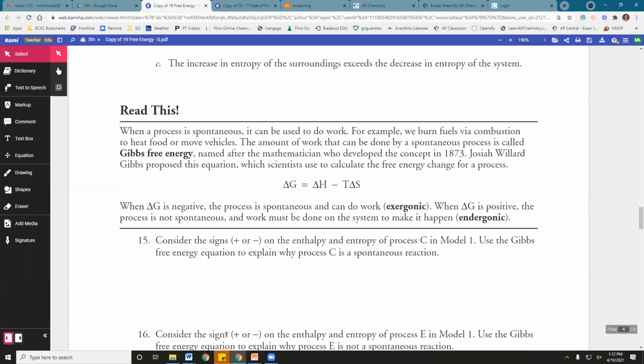T here is just temperature, delta H is the change in enthalpy, and delta S is the change in entropy. Tomorrow we'll talk a little more about how free energy is related in this way, in situations where we have information about the heat and the entropy and see what's predicted to be spontaneous or not spontaneous. Okay, so that's what I got for today.